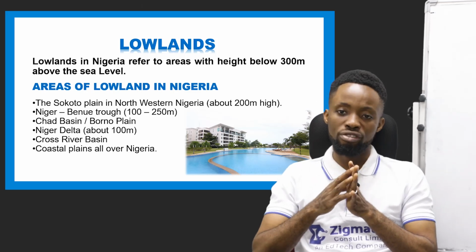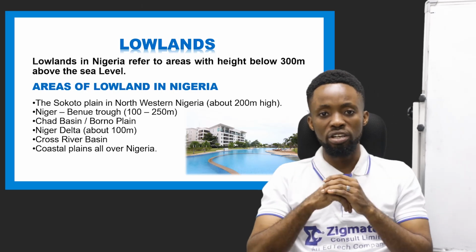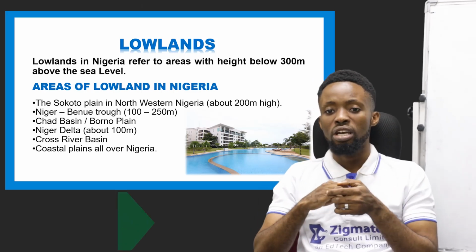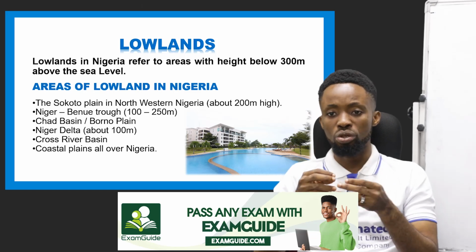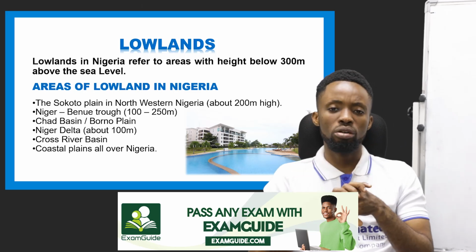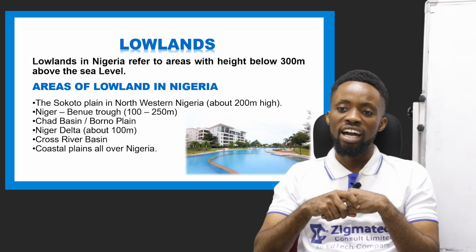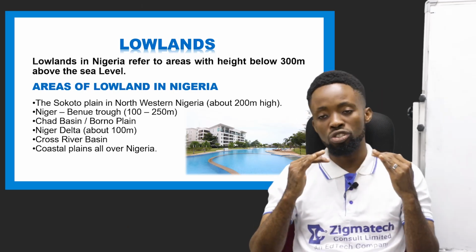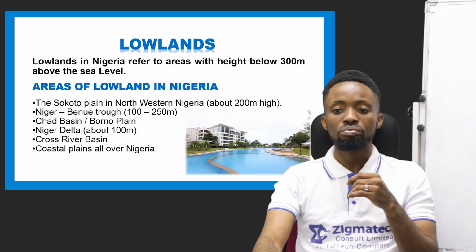Then we have the Cross River Basin, and all coastal plains in Nigeria are also lowland areas. And then the Borno Plain is also a lowland area. So these are some of the places in Nigeria where the height usually falls below 300 meters from the sea level.